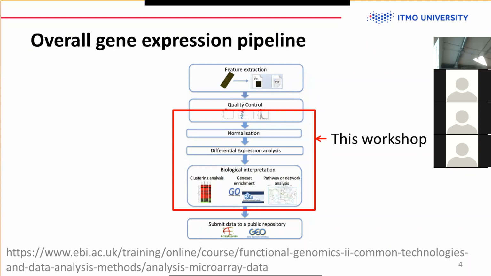Usually when you publish your data, you also have to submit it to some kind of repository. Again, we won't be covering this today and tomorrow. Basically, we'll go over from quality control to biological interpretation of the data.